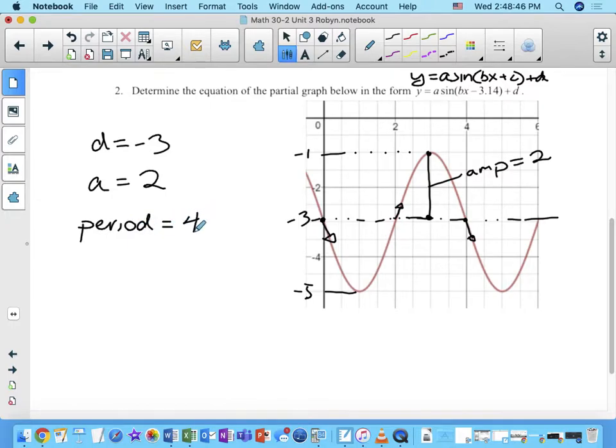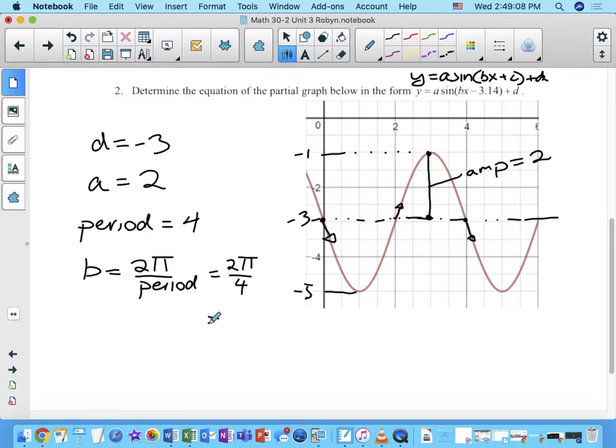We just saw from the previous example that b is 2 pi over the period, which is 2 pi over 4. Now, I had questions in my last class. Should I leave that as 2 pi over 4?